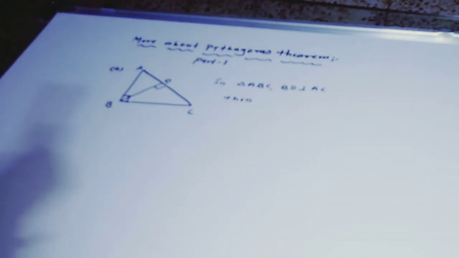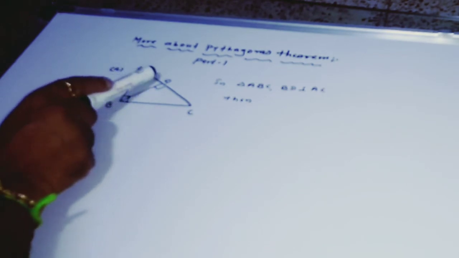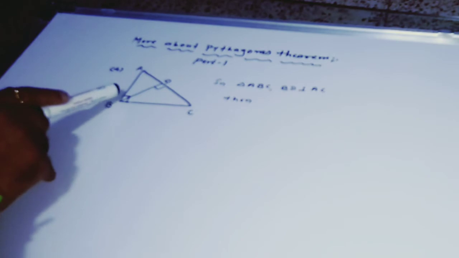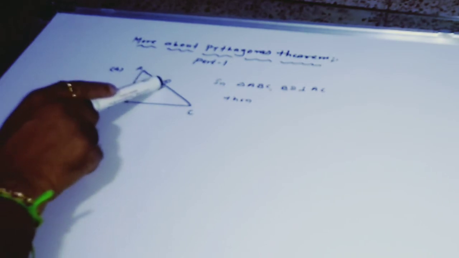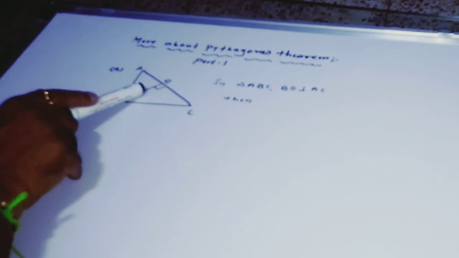The triangles so formed on the opposite sides of this altitude are similar to the original triangle. What are the triangles formed? ADB and BDC.